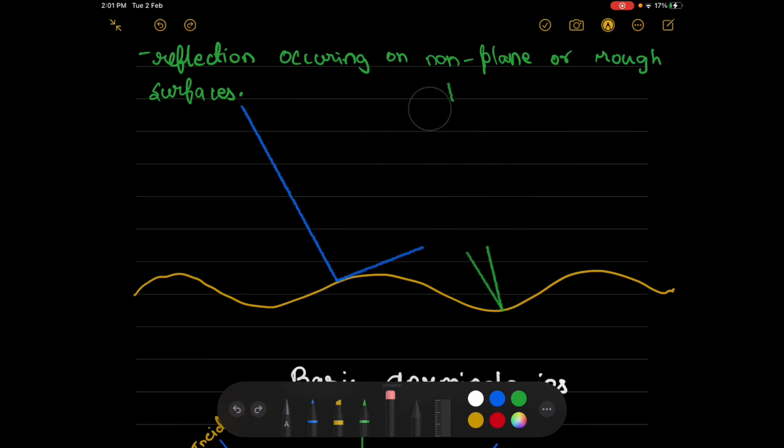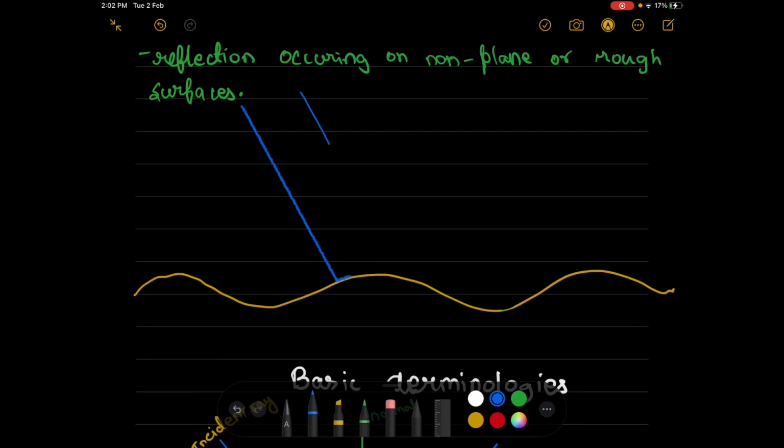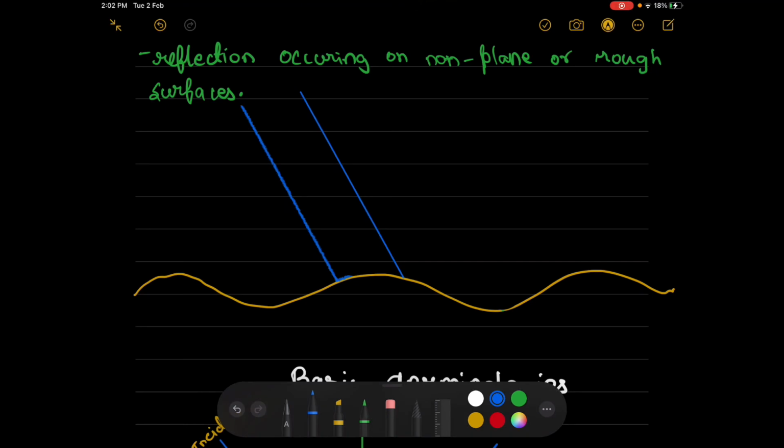Wait, let me erase it. This implies only when we take a beam of light, a parallel beam. We can observe that only when we take a parallel beam of light. Okay, now it struck. These both are parallel to each other. When they have struck, the angle of incidence would be equal to the angle of reflection.